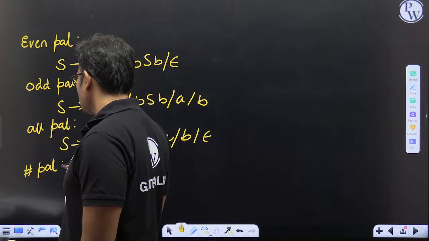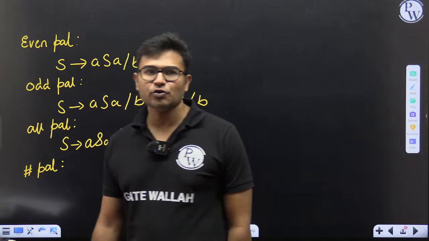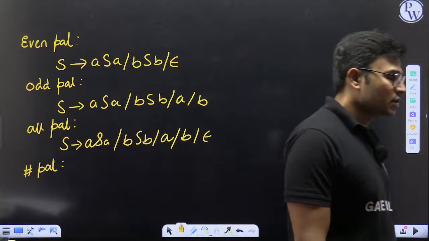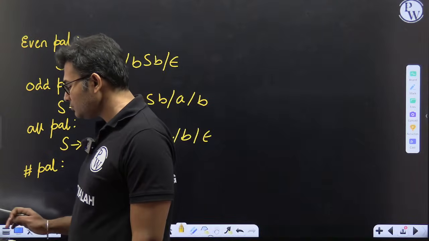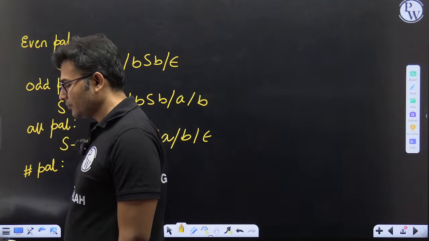Give the context free grammar for hash palindromes, where hash appears in the middle.